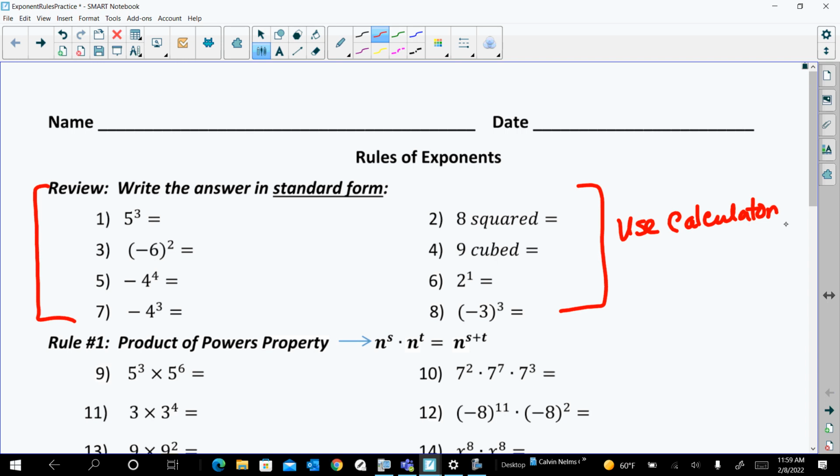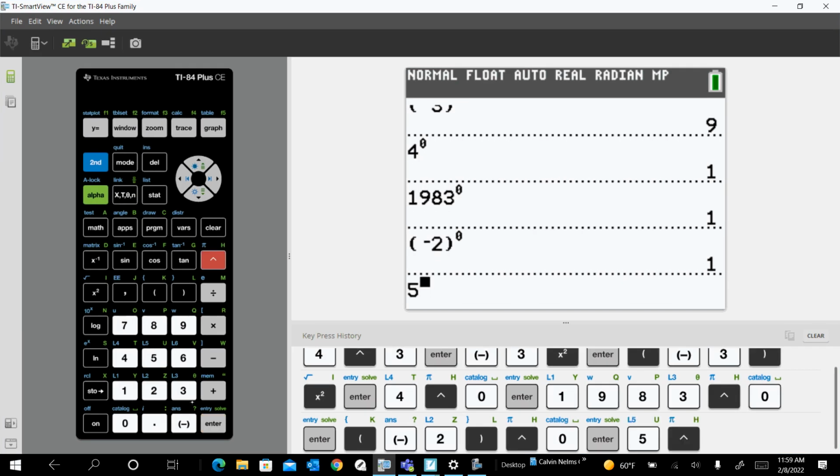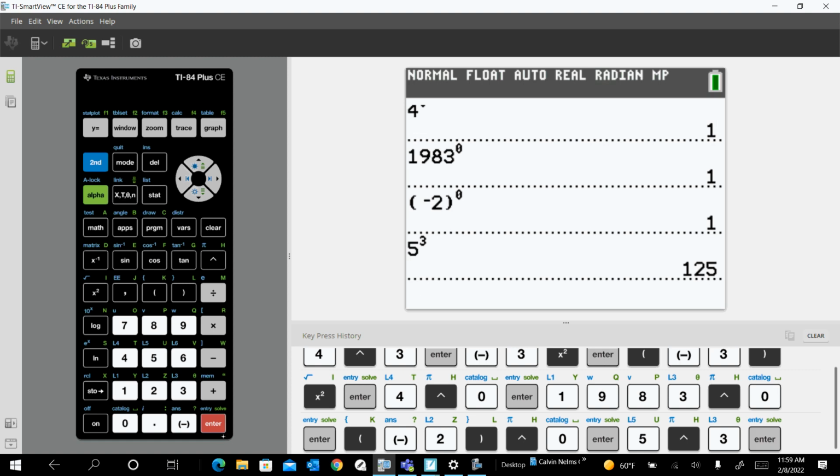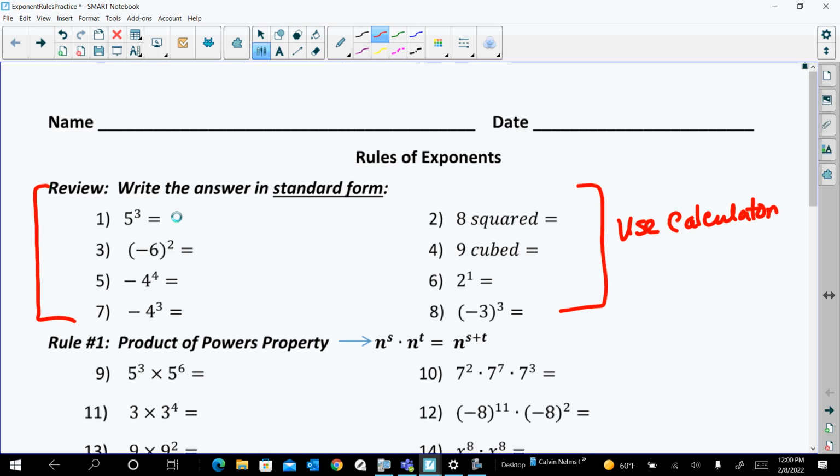So on number 1, you would type in 5 to the 3rd power and give me that number answer. Here we have it equals 125. This one has parentheses, so make sure you use your parentheses on your calculator.